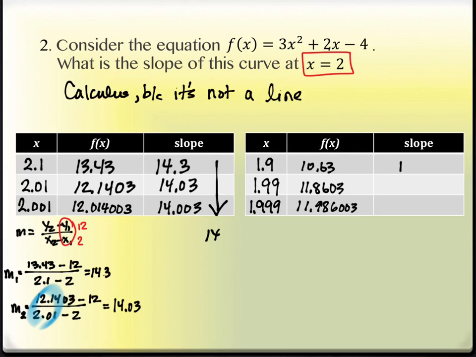On the other one, we're going to get 13.7, 13.97, and 13.997. And as we go down this column, what's happening? It's also close to 14. And because they match, we can say that the slope we're looking for here, we're expecting it to be 14. At the very least, it's approximately 14 from what we found.